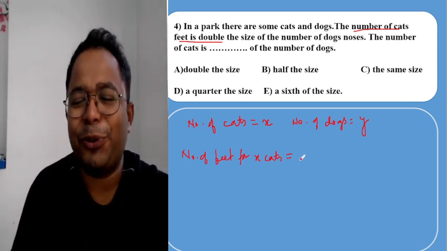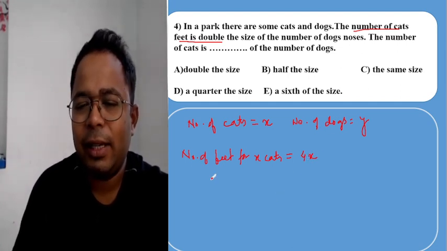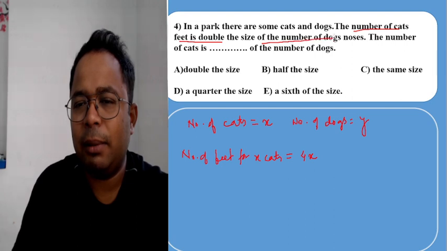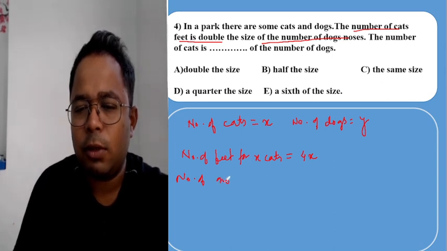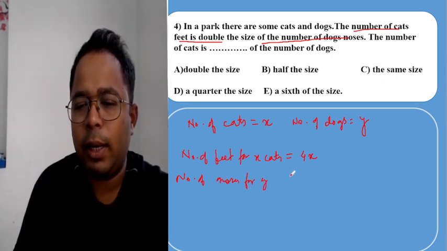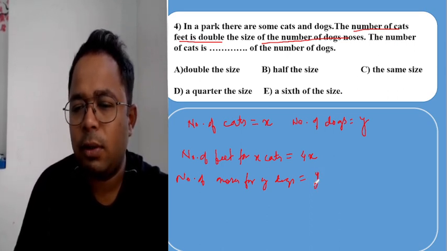Two? No, four. So 4 into X. Similarly, the number of noses for Y dogs is 1 into Y, that is Y only.